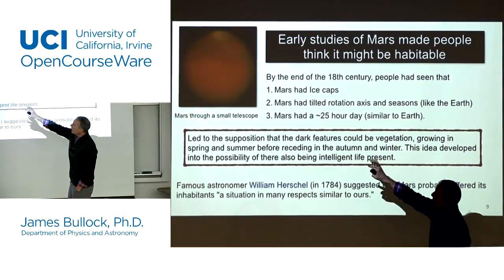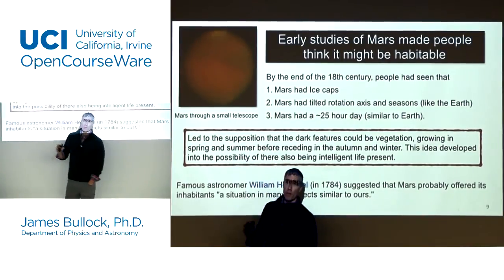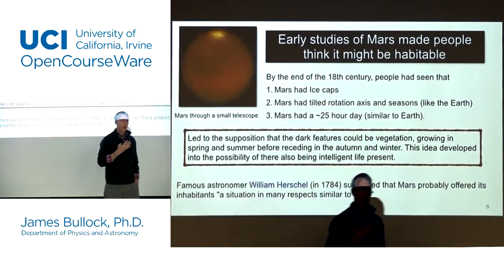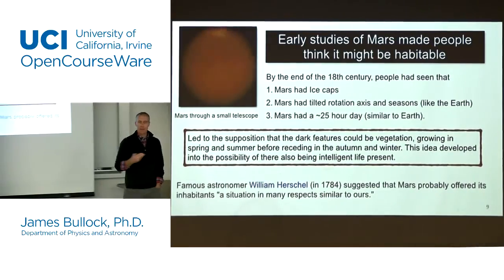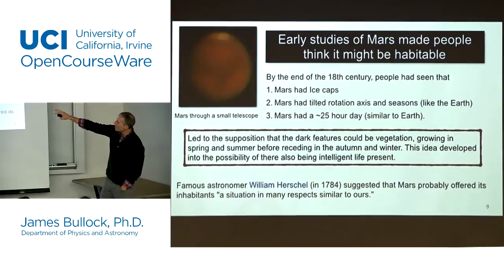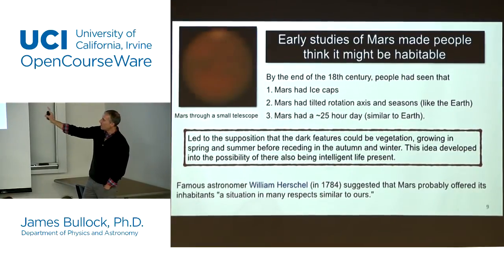People could see dark features on the surface of Mars. So this is an image of Mars, a little movie of Mars you could take through a small telescope, and you might think, okay, this is maybe comparable to the kind of telescopes that people were using at this time. And if you stare at that image, you see that there are some dark spots and some lighter spots as this planet is spinning around, right?